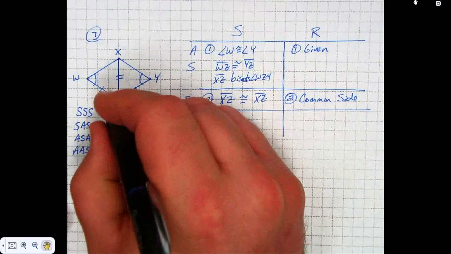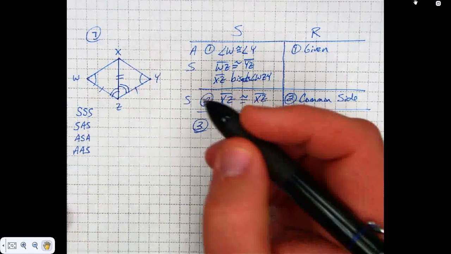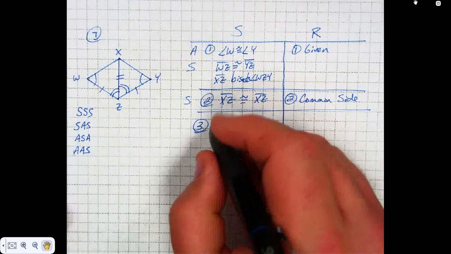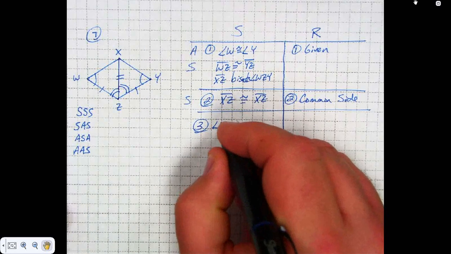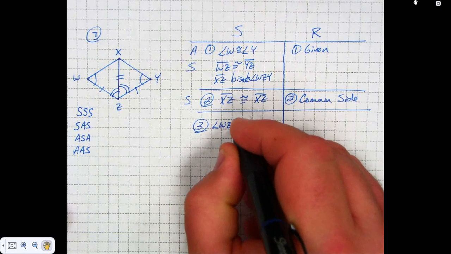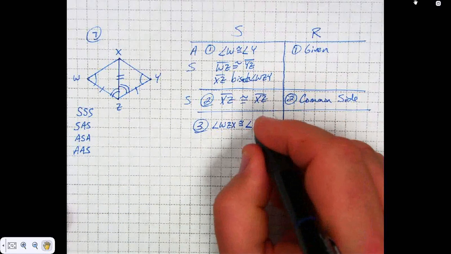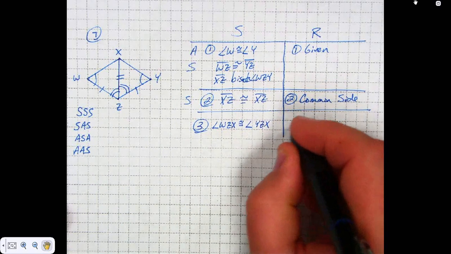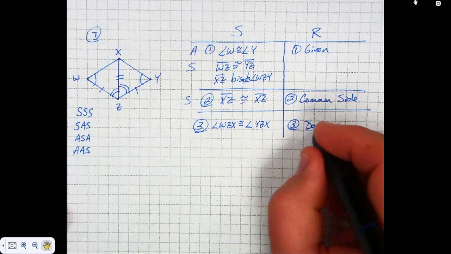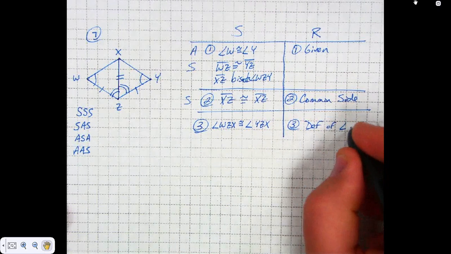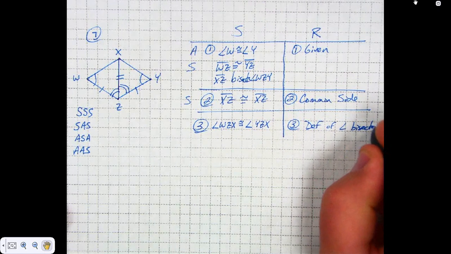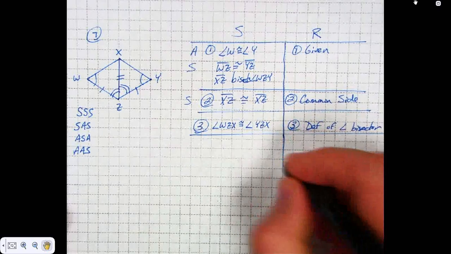It means that this angle is congruent to that one. Agreed? So I can now say angle WZX is congruent to angle YZX, by the definition of what? Angle bisector. Don't just guess.